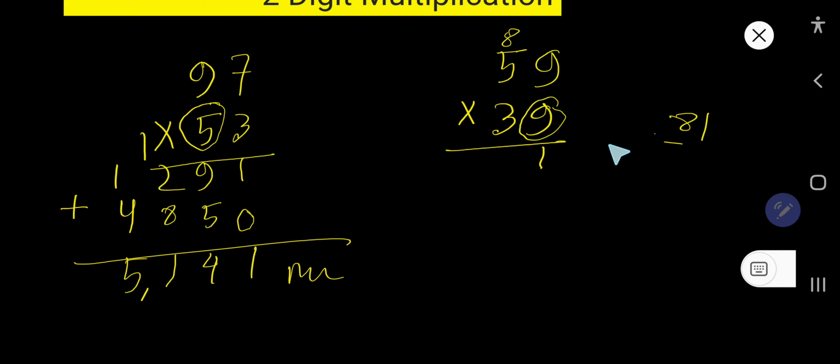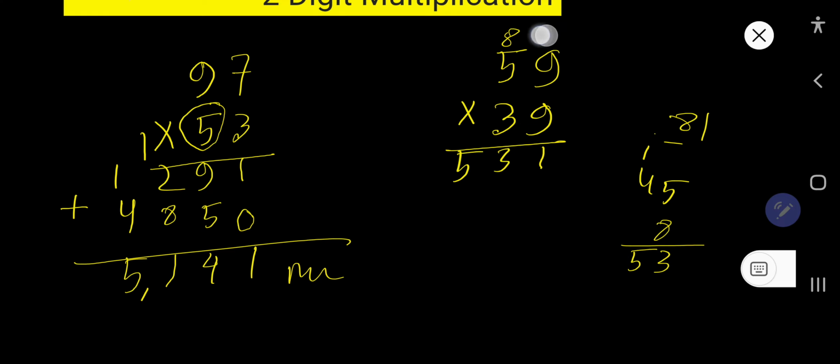Then 9 times 5, 45. 45 plus 8 equals what? 8 plus 5, 13, write 3, then carry 1. So now 4 plus 1, 5. 53.